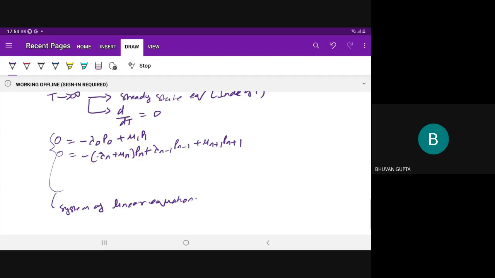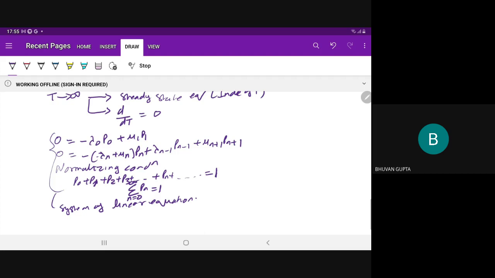Now, what is the total probability rule? Can you tell what is the total probability rule? The normalizing condition. Sum of all probability is equal to 1. That is, the summation n is equal to 0 to infinity of Pn is equal to 1.